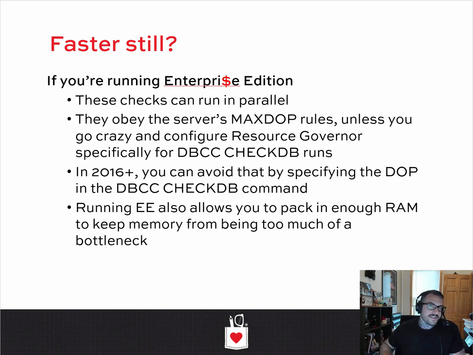If you're on 2016 plus, which I don't feel so bad saying because it's only 2017, you can avoid the whole Resource Governor shenanigans by specifying MAXDOP in the DBCC CHECKDB command. You can set max DOP there in 2016 and up, and how awesome is that? You can do it for index rebuilds for like a decade, and who cares? Max DOP finally has it.